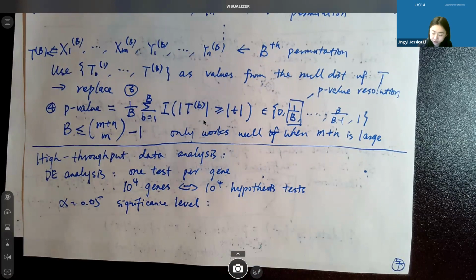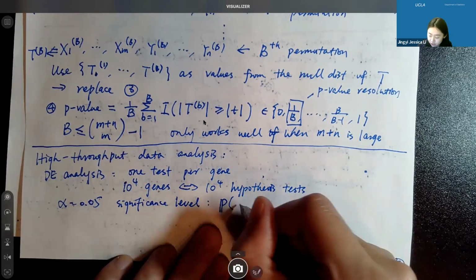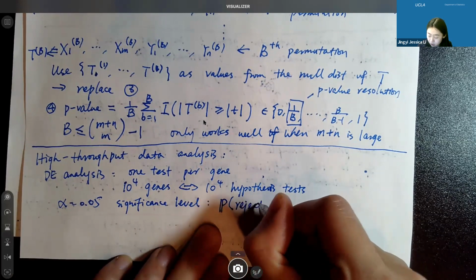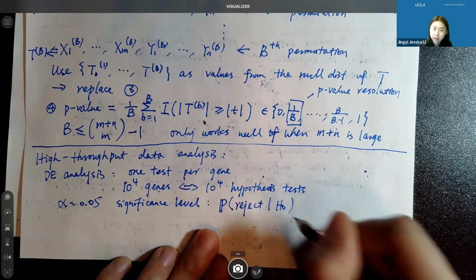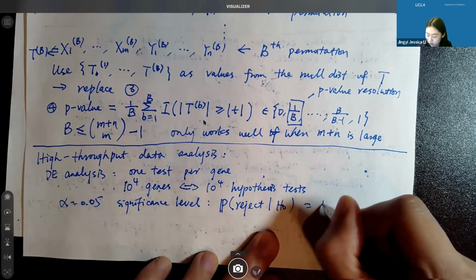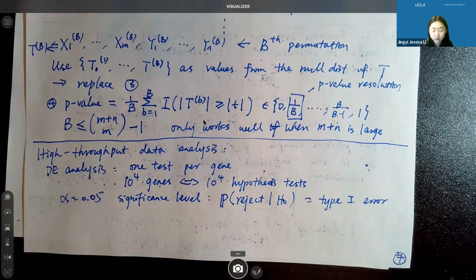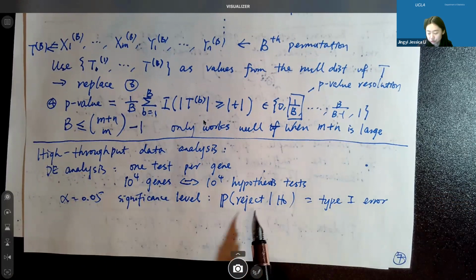It's actually defined as the probability that we reject under the null hypothesis. In other words, the truth is that the null hypothesis is right, but we reject it. So we make a mistake, right? So this is also called type 1 error. These two things are the same. So that 5% is what we control.